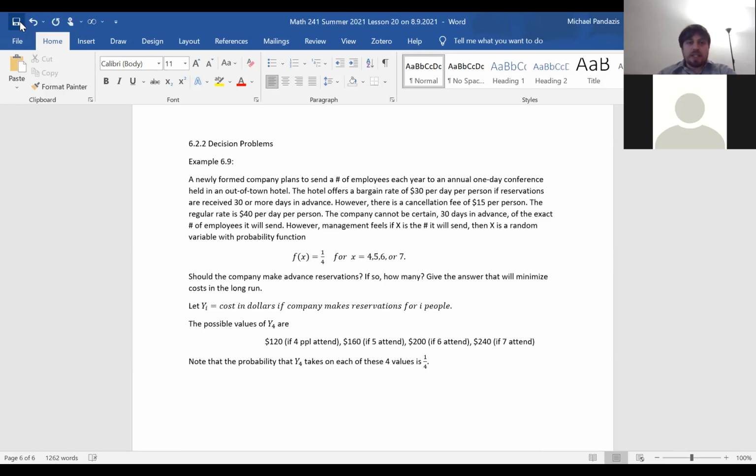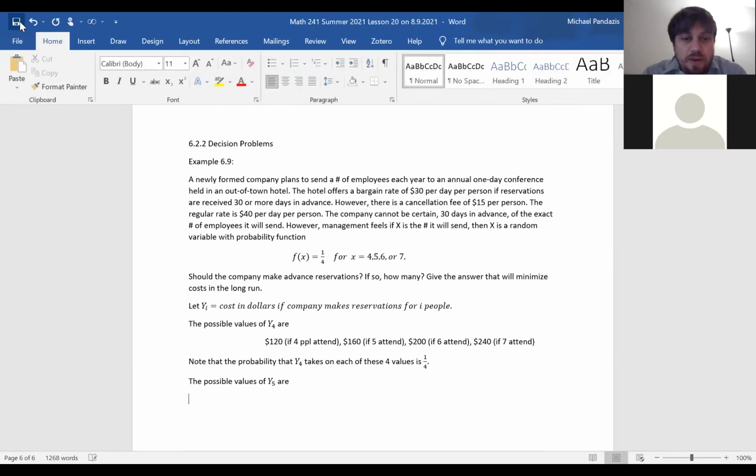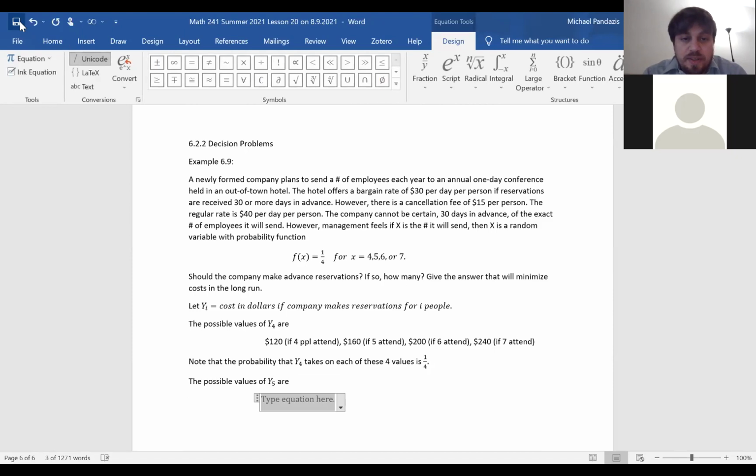Now, the possible values of y sub 5. Let's do it this way. They make 5 reservations in advance, right? What I'm going to do is maybe write the parentheses first.